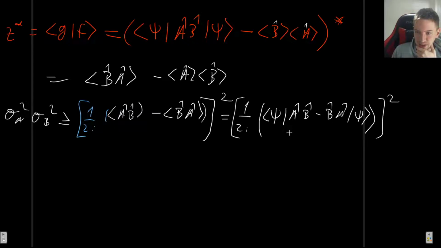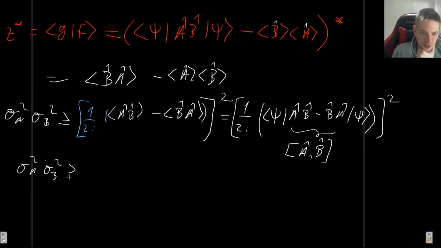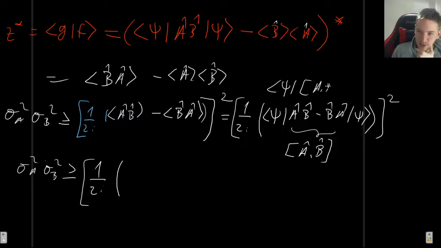And what is this in here? This is just a commutator between A and B, because that is just AB minus BA, right? So let us rewrite it. We get sigma A squared, sigma B squared is greater or equal than 1 over 2i, and all of this is then multiplied by psi, commutator of A and B, psi.